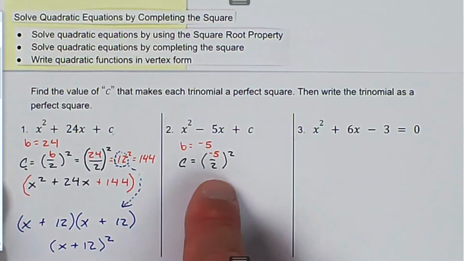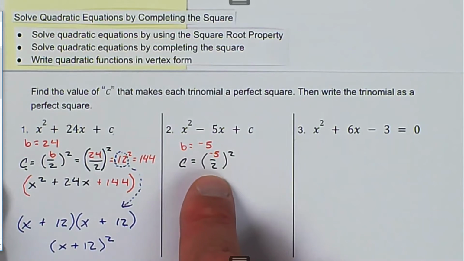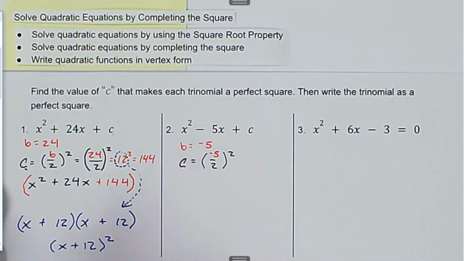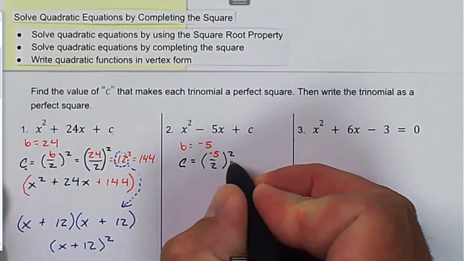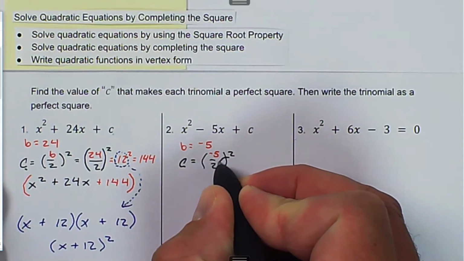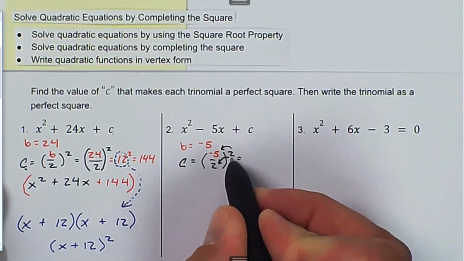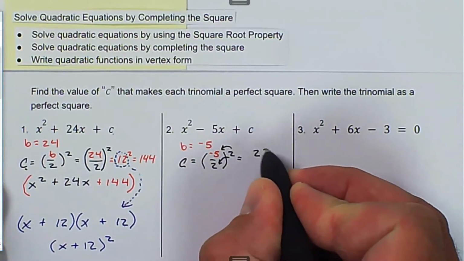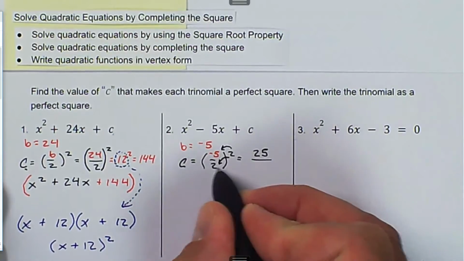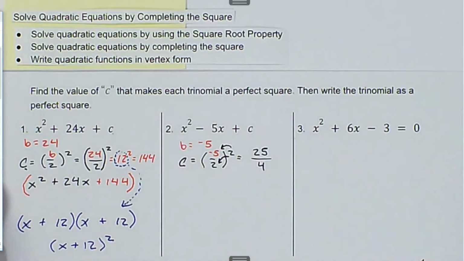Now, in this case, it's going to be more complicated to say -5 divided by 2 and then square it because it's going to give me a decimal. But if I distribute the square to the denominator and the numerator, -5 squared is 25 and 2 squared is 4.